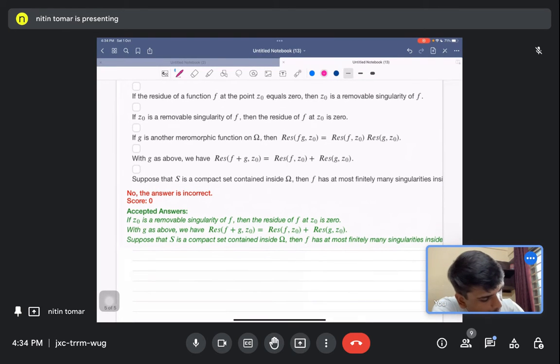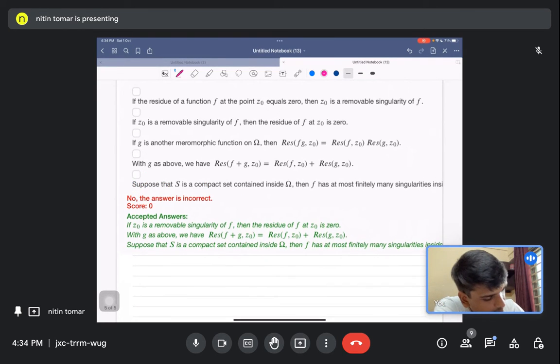Let us take part 1. You consider fz equal to 1 by z square. Now tell me the residue at point 0. What is the residue?